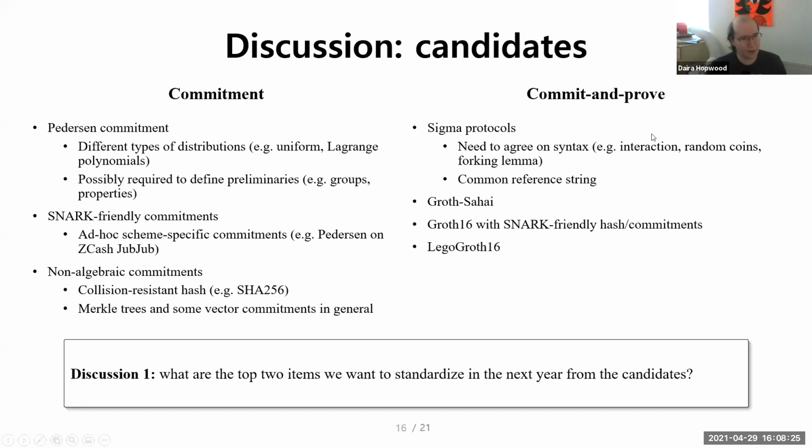Was there another working group that was looking at Sigma protocols? Yeah, we set it up this year. I think Michele is here, and Michele and Stefan are leading that. Yeah, I'm here, but I'm not sure if there was a specific question for me.